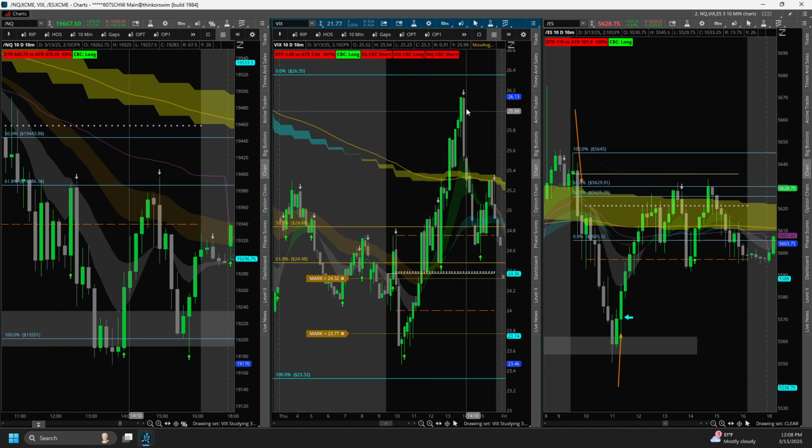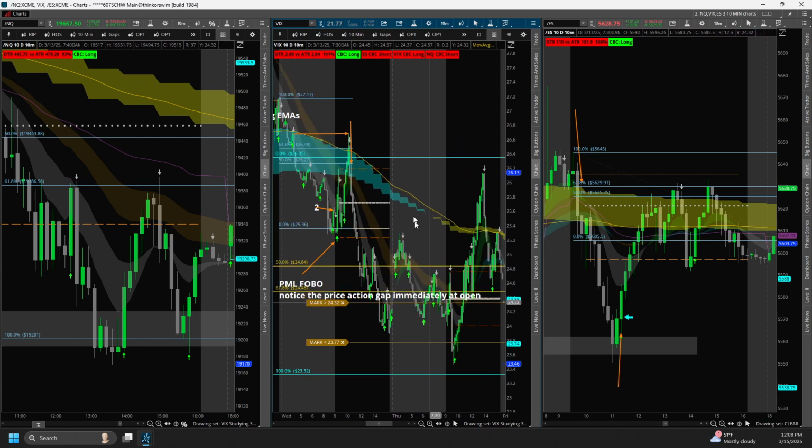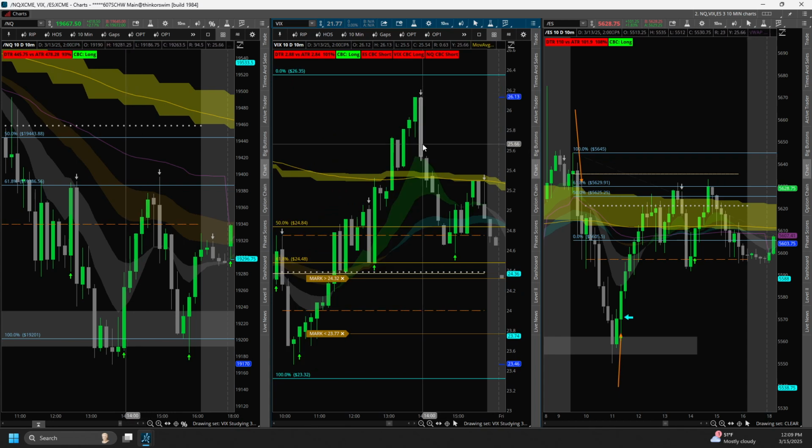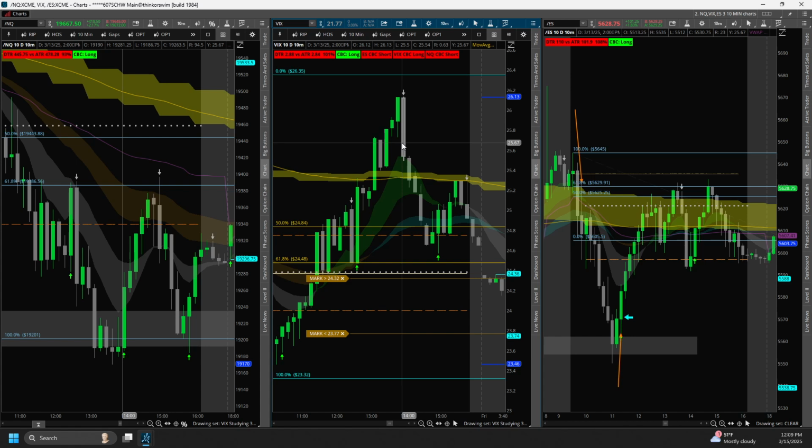Here's a good example of VIX making this massive push up, and so we almost filled the gap, right? Then we moved almost all the way to the other side of the range, peaked over 26, and knifed hard. We made this huge rejection out of 26.